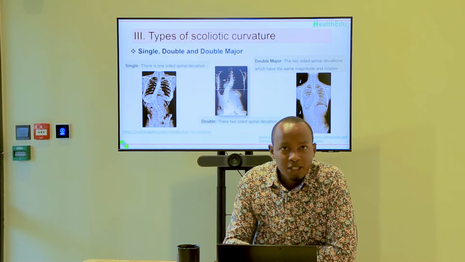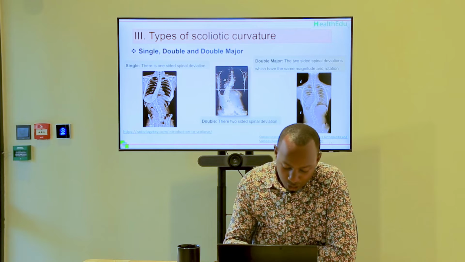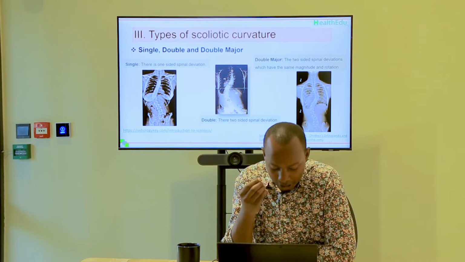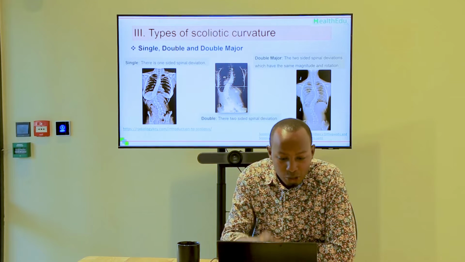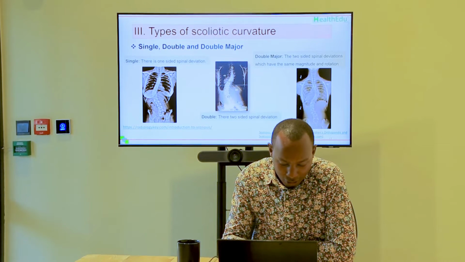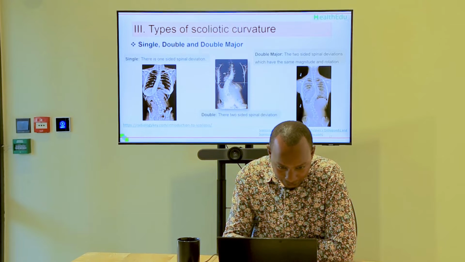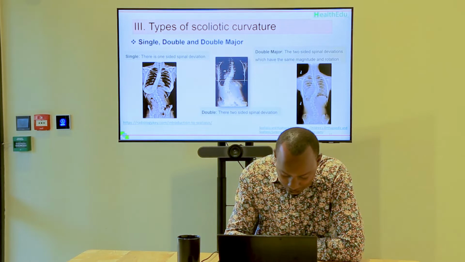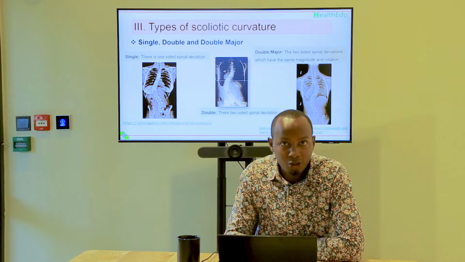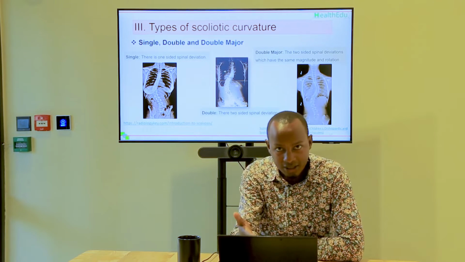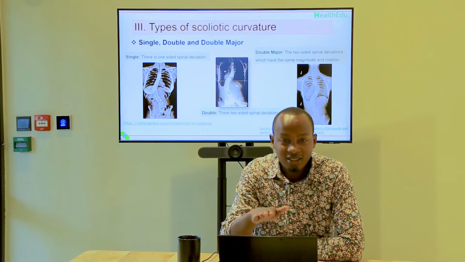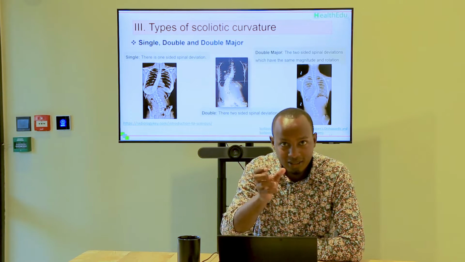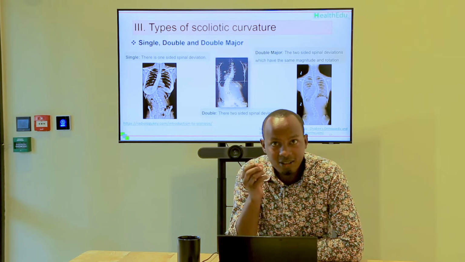If you want to define what an apical vertebra is, most of the time the apical vertebra is the vertebra which is least tilted and most displaced from the midline. So we can estimate that this is our apical vertebra, and it is the most rotated. If the patient bends, you can see the one which is having a hump, and you can feel that's more rotated. That's the apical vertebra.